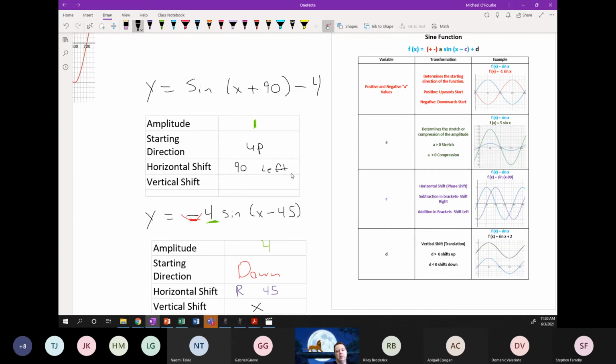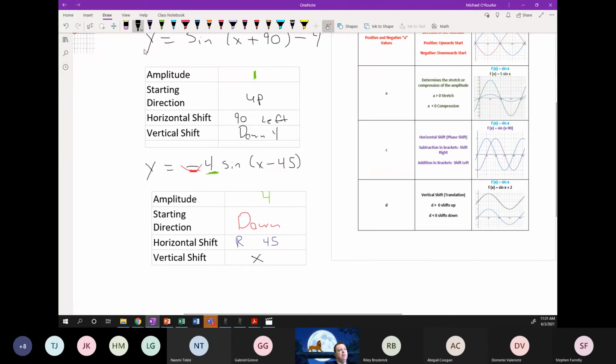And my vertical shift on this one? Am I going up or down? Oh, vertical shift. Down 4, right? Down 4. Perfect.